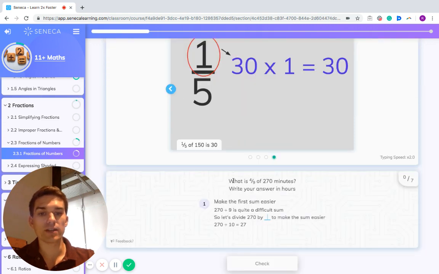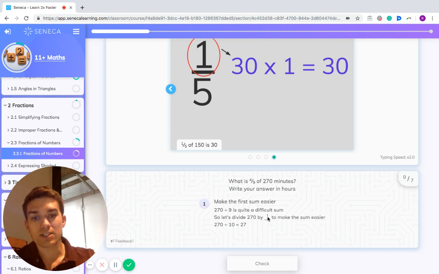To look at some more examples of this, we've got 4/9 of 270 minutes. Just because it's minutes, it doesn't change anything. It's exactly the same process. First, you make the first sum easier. You divide by the denominator, so 270 divided by 9.